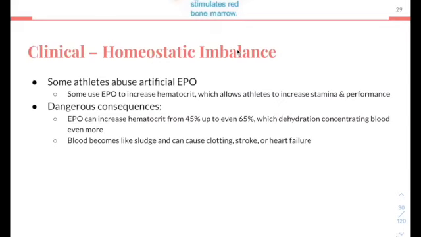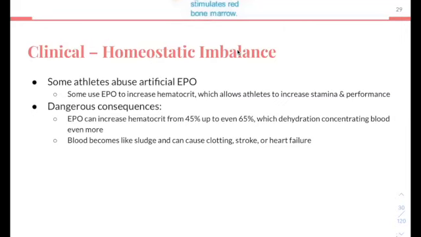They can run longer, swim longer, whatever their sport is, and it drastically increases their performance. That's why a lot of those elite athletes have to get their blood checked. They either check everybody or they do spot checks, and they check different athletes to see if there's some kind of abuse going on.